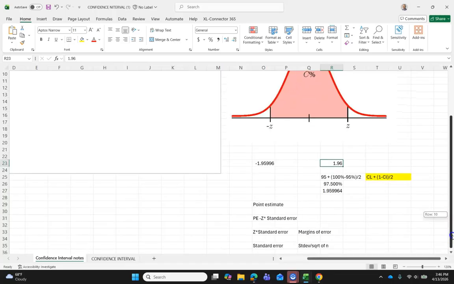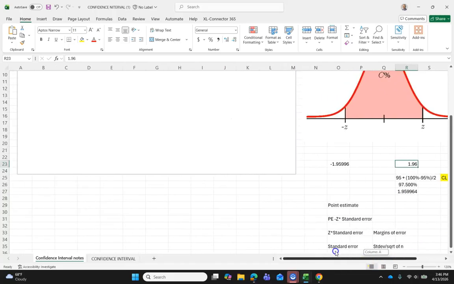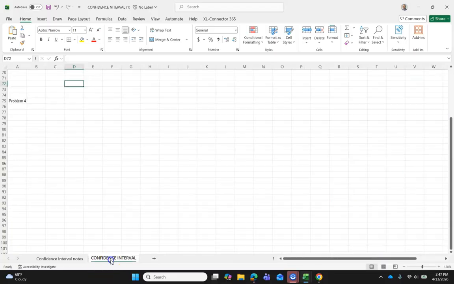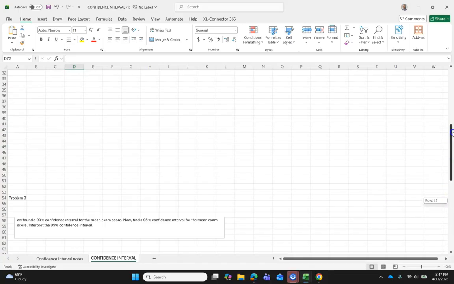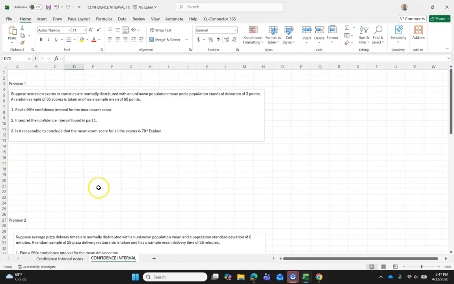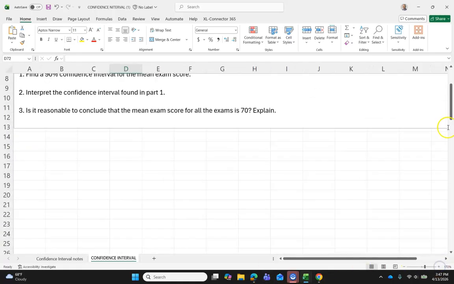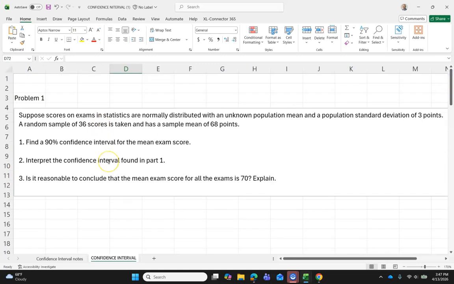So we can understand this if we work on some examples. So let's go to confidence interval examples. Here we have this question. Let me make it a little bigger. This problem says, suppose scores on exams in statistics are normally distributed with an unknown population mean, but the standard deviation of the population is provided, which is 3.